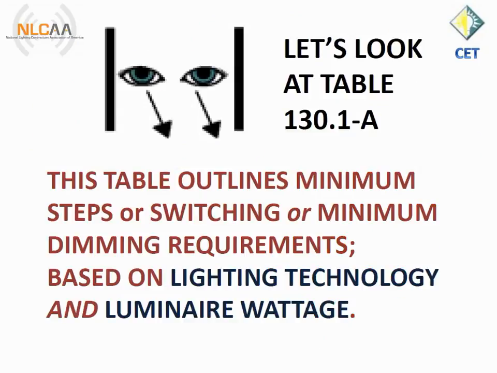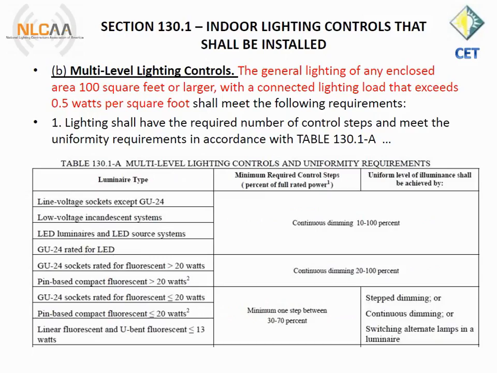Table 130.1-A not only states the minimum multi-level requirements for a specific luminaire type, but also states how lighting uniformity will be maintained among a group of luminaires controlled as a particular lighting function in a non-residential function area.